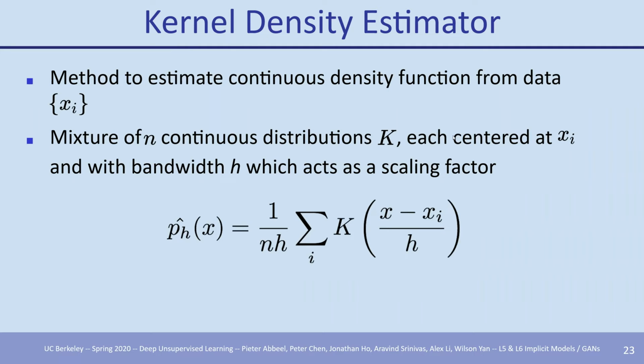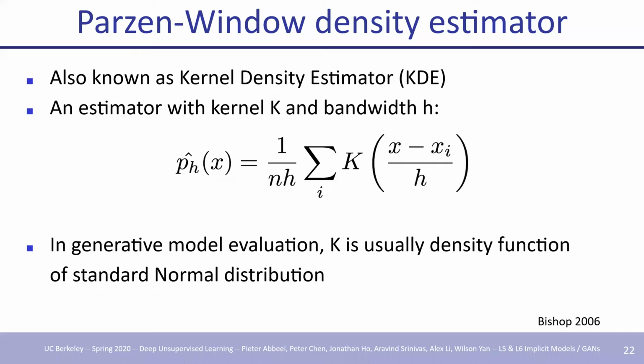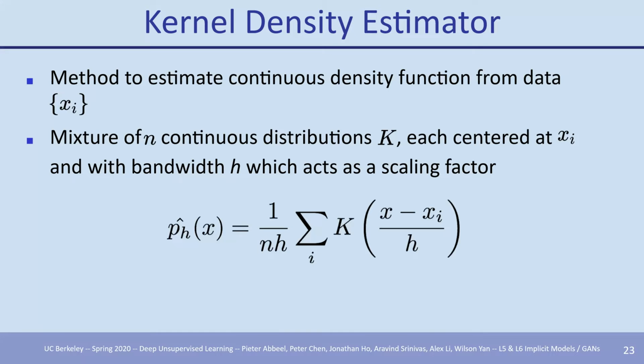So the Parzen window density estimator is the same as the kernel density estimator. They're the same thing, just different names. What it tries to do is estimate a continuous density function just from the data.